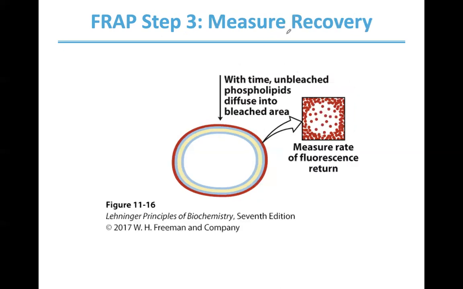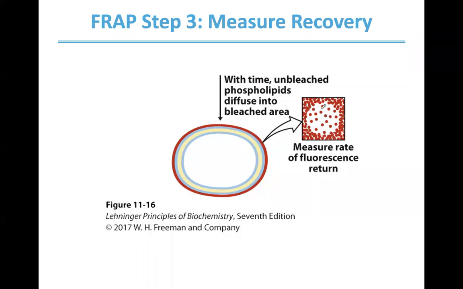And then the third one, we stop the laser and we start observing. You can see that the dye molecules of the probe, which were attached to the lipid, will be slowly diffusing back into this bleached area. Okay, and we can measure the rate of this fluorescence return.